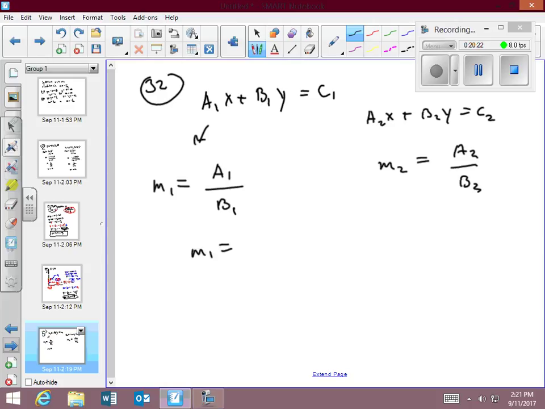M1 equals what? M2, that would say that A1 over B1 would have to equal what? A2 over B2. That's all we're asking for there.